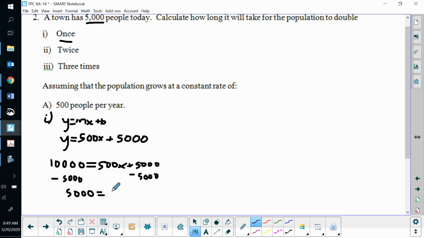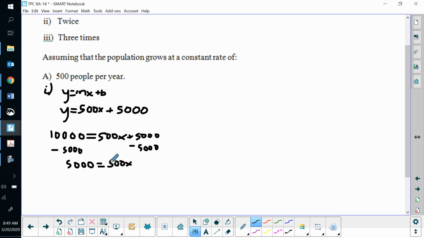And that's equal to 500x. And we'll divide by 500. And that's going to give us 10 years.